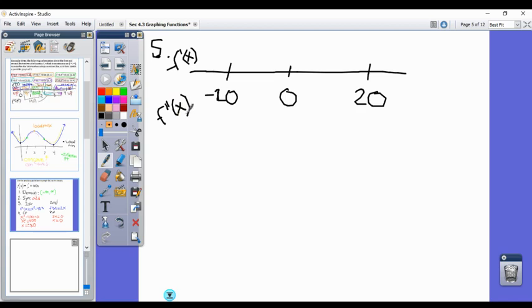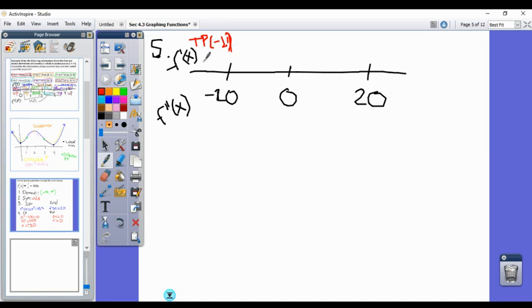Okay, so when I'm picking my test points, you don't necessarily care about the actual value, you only care about the sign of the value. So if I start with the first one, I'm going to pick negative 21. So what I'm going to do is plug in negative 21 to my first derivative of x squared minus 400, and I'm going to see if the answer is positive or negative.